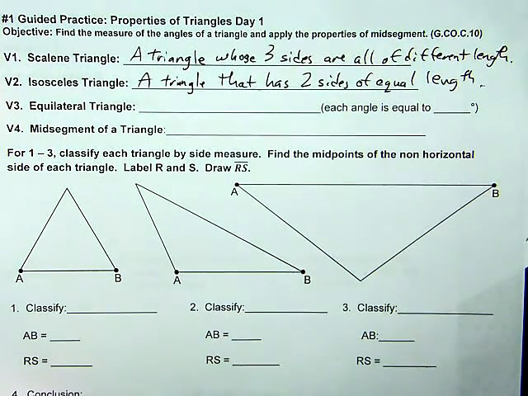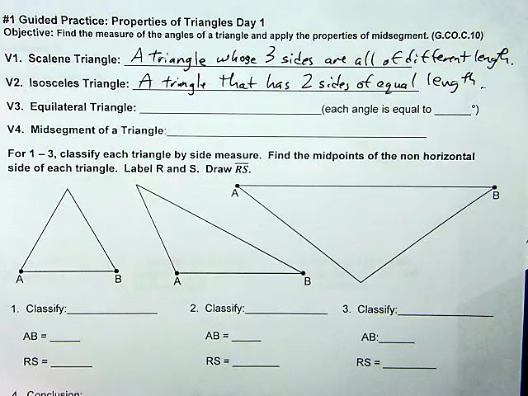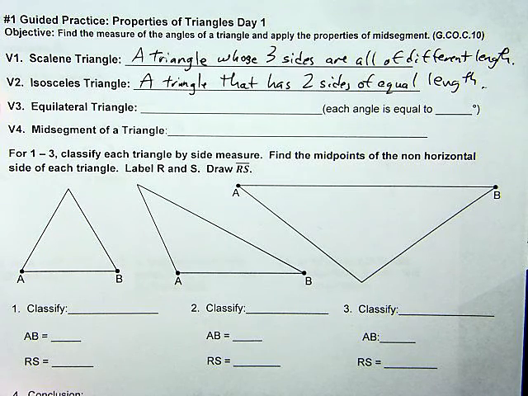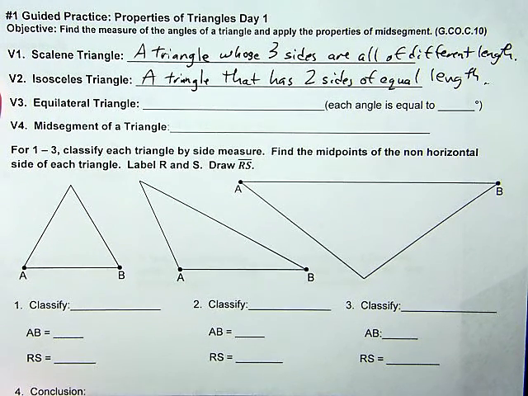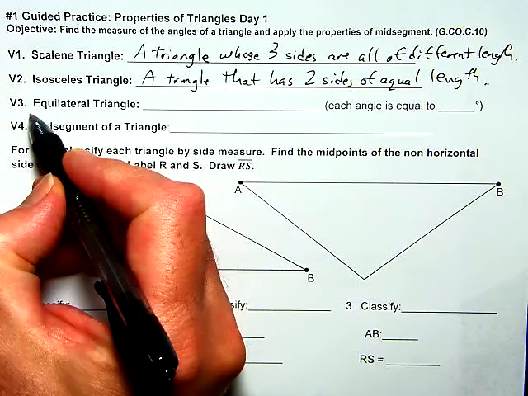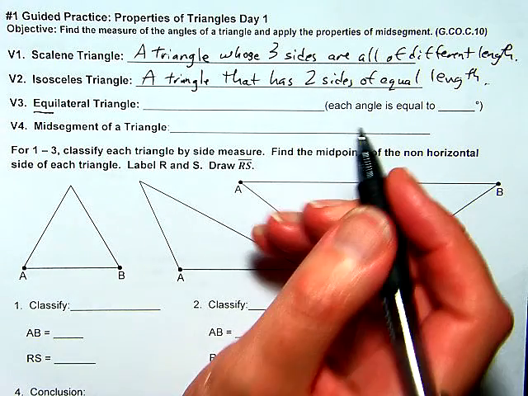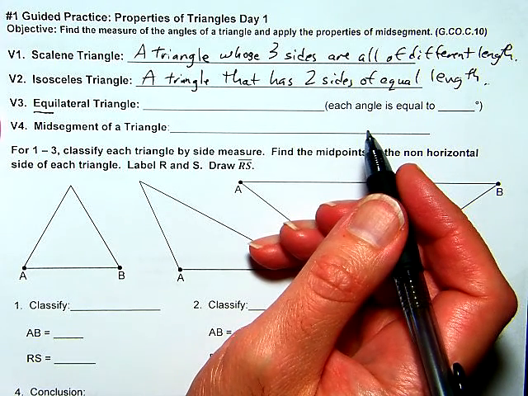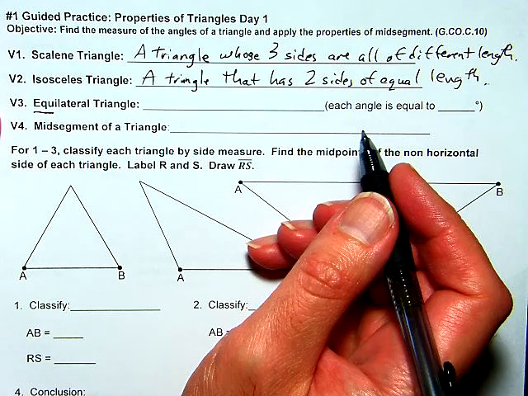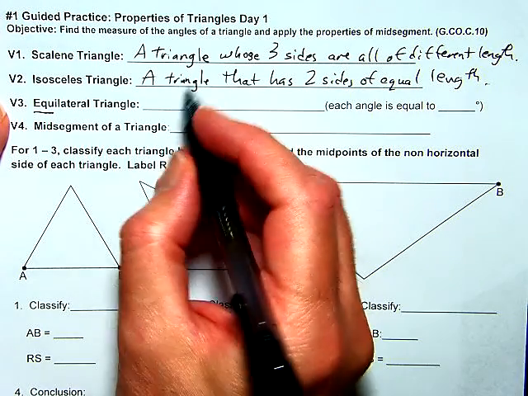So if all the sides are of different length, we call the triangle scalene. If the triangle has two sides of equal length, we call it isosceles. And an equilateral triangle, equa is in the word, is a triangle where all three sides have equal length.